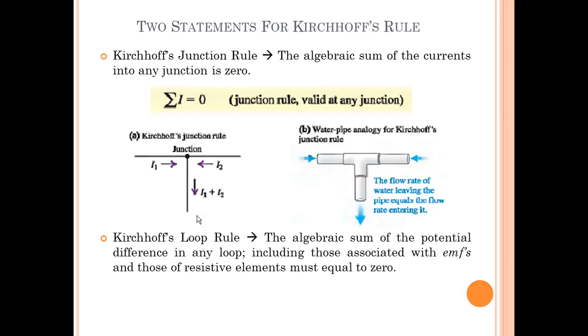Now, for Kirchhoff's loop rule, this is the statement: the algebraic sum of the potential differences in any loop, including those associated with EMFs and those of resistive elements, must equal 0. Correspondingly, the statement means that the algebraic sum of all voltages of all circuit elements around a given loop should be equal to 0.